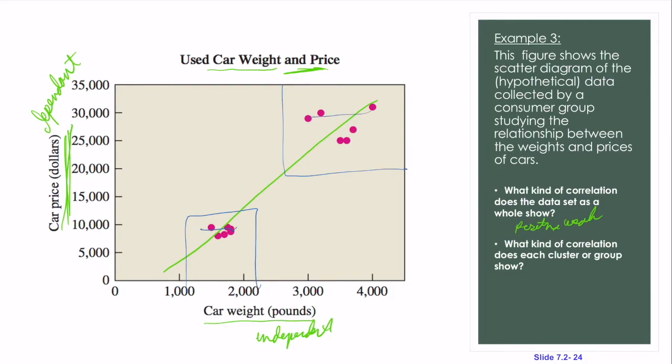Well, that could be because SUVs, which weigh more, tend to cost more from the get-go, as opposed to tiny little cars like my little hatchback, which cost a lot less. So looking at separating out the different car types could have been really beneficial to this hypothetical study.